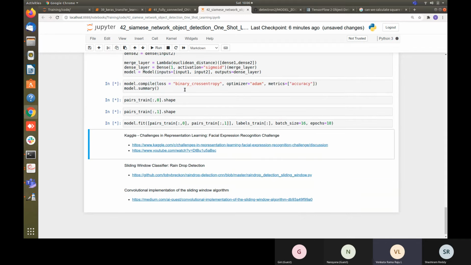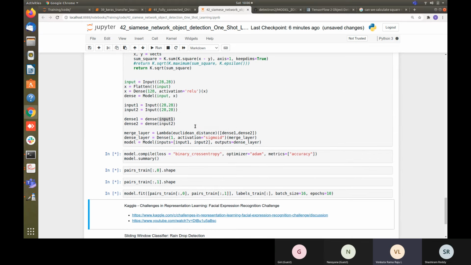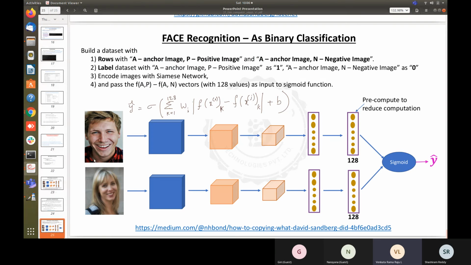So let it run. Once it runs, I'll come back and show you the pixels, the reduced image vector. While it is running, let us look at the theory now.